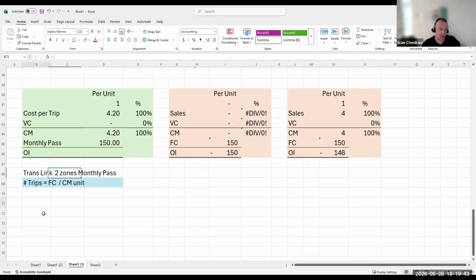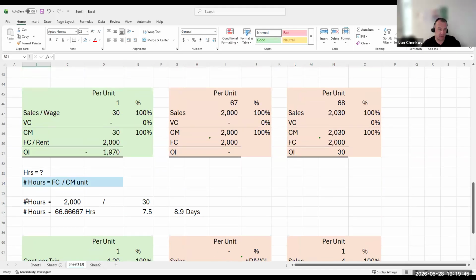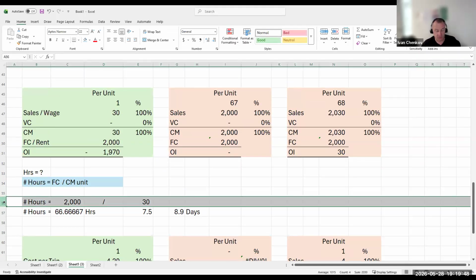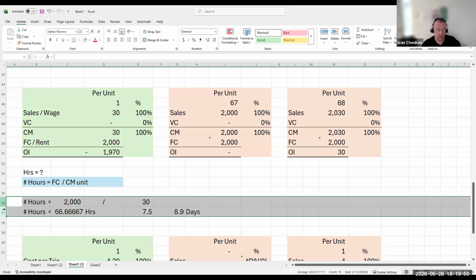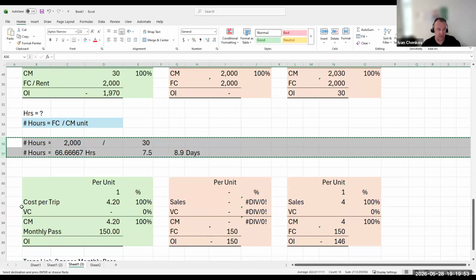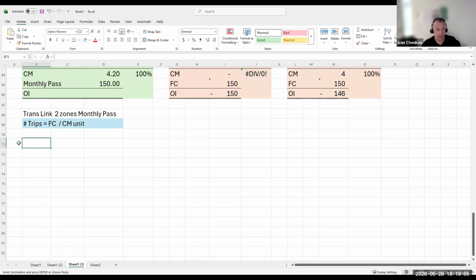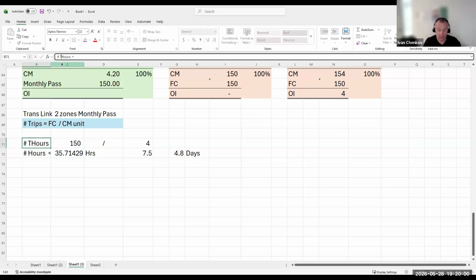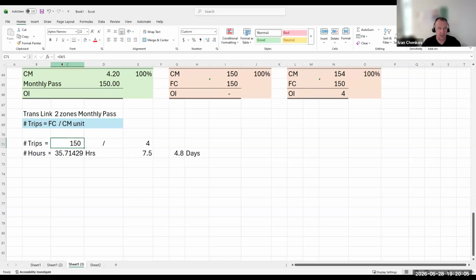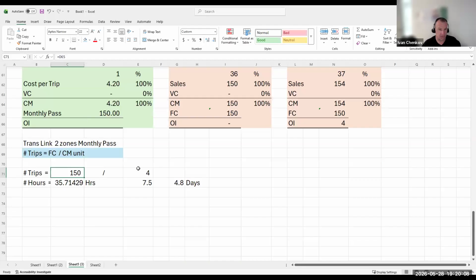The fixed cost in our case, I can use this calculation here, but I just have to modify the terminology a little bit. The number of trips that I need to make is equal to 150 divided by the $4.20 they have today. In other words, the number of trips is around 32 trips.